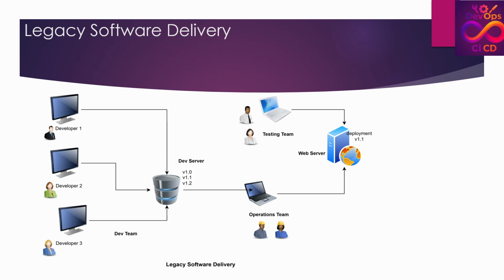There is a configuration mismatch during the environment setup. The tracking of the application packages is manual, which might cause errors. So the communication between the teams is limited, and testing is performed only once the communication is shared by the dev team and operations team.